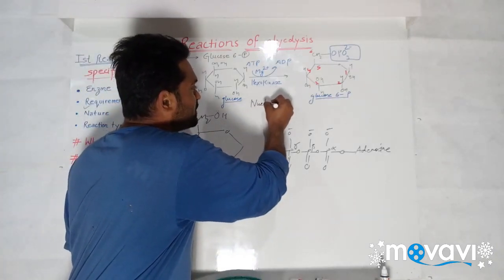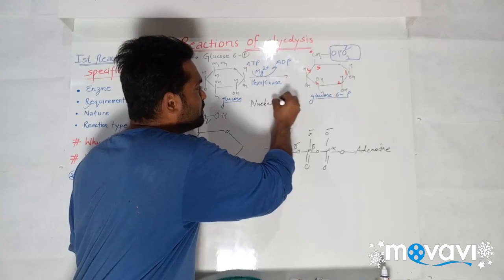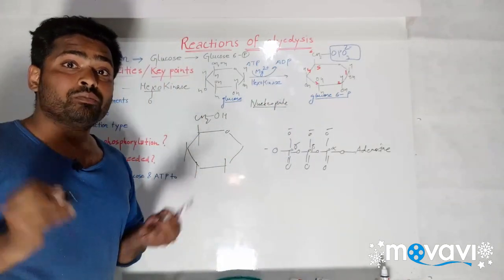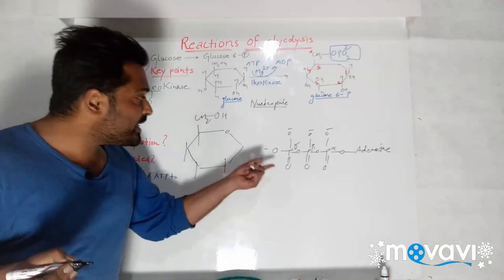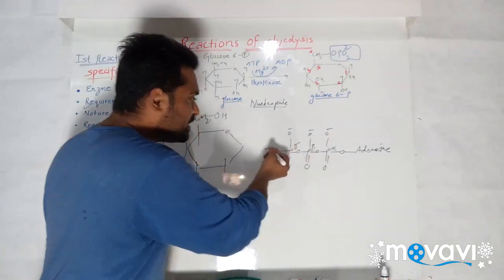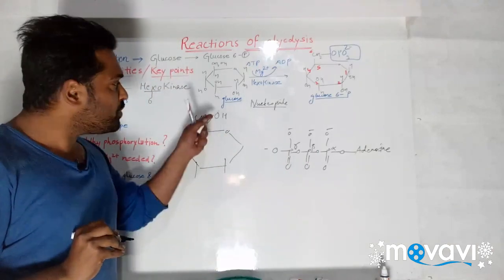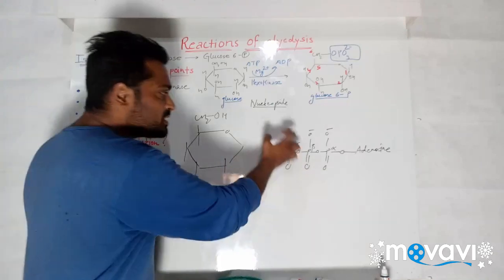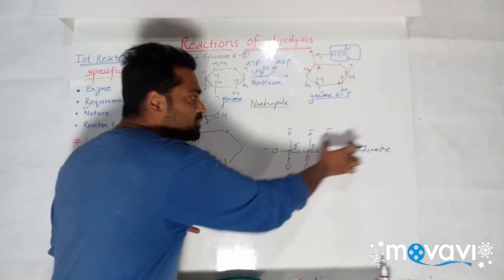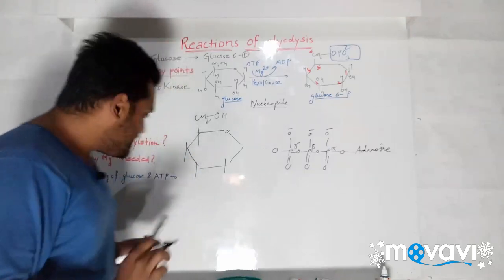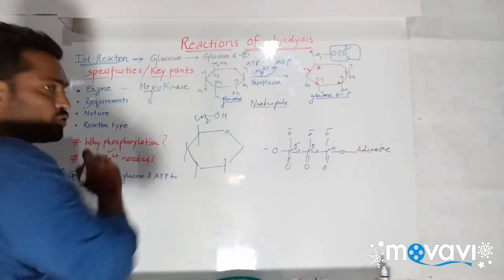First we need to answer this. Nucleophile means something that loves positive charge, but there is negativity here, here, here and here. So how is it going to attack here and take this terminal phosphoryl group from this ATP? That is aided by this Mg2+.